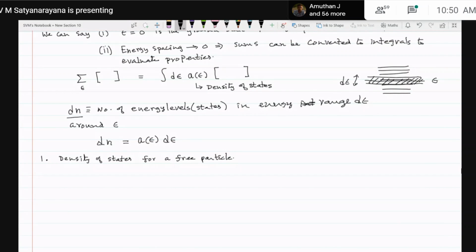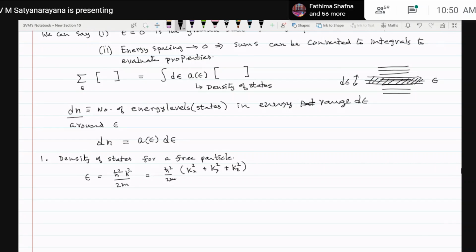For a free particle, the energy is given by h bar square k square by 2m, where k square is kx square plus ky square plus kz square, the three quantum numbers.